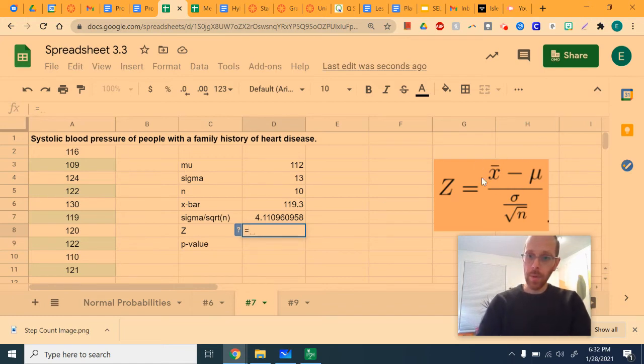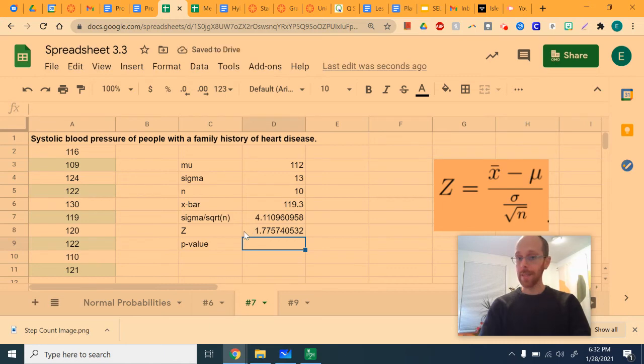Now, when you put the numerator in, the x bar minus the mu, you need to make sure that you put it in parentheses. So x bar minus mu, in parentheses, divided by the denominator, which we calculated right here, gives us our answer. Our test statistic is 1.77.